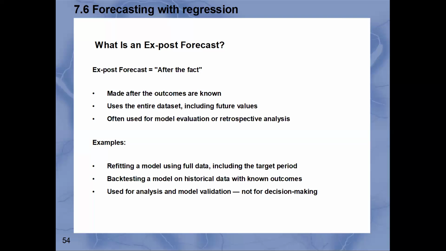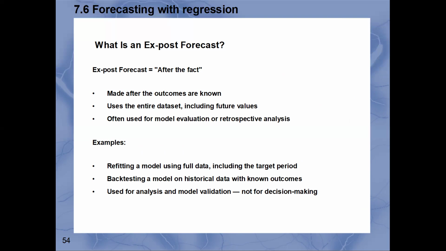So for example, you make a model, then you wait a couple of days and you predict the future, and then the future happens and you do the same test over again and see how your model really did and what you could have done to improve your model. So these are good for refitting a model using full data, including the target period, and backtesting a model on historical data with known outcomes, right?